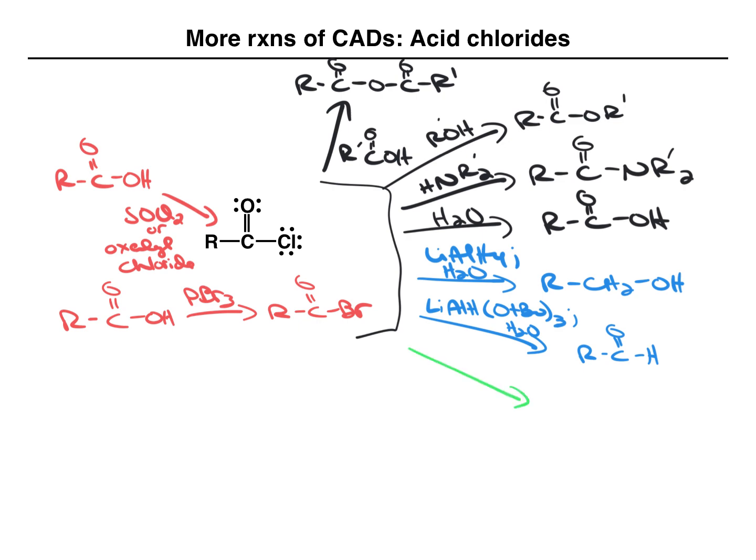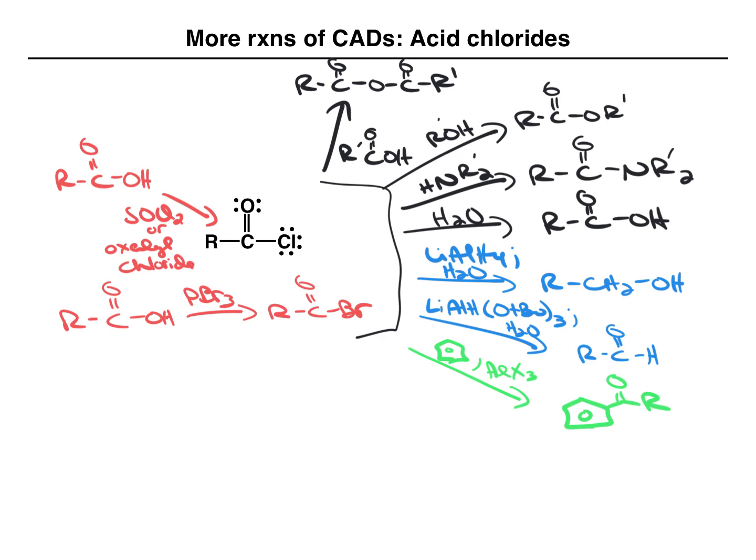If we take an acid halide and we react it with benzene or a substituted benzene in the presence of aluminum trihalide, this will do a Friedel-Crafts acylation, leading to the formation of an aryl ketone.